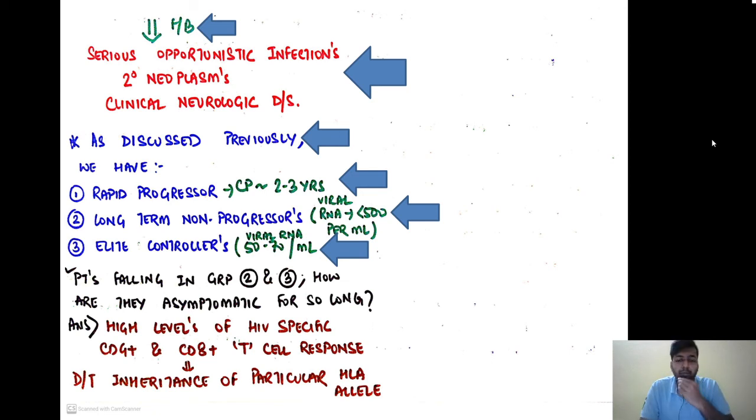So remember, the patients falling in group 2 and 3, that is the long-term non-progressors as well as the elite controllers, why are they asymptomatic for such a long period? Because a very high level of HIV specific CD4 plus and CD8 plus T cell response is there, plus they have inheritance of a particular HLA allele, which gives them the power to mount an immune response against the virus for a very long time.